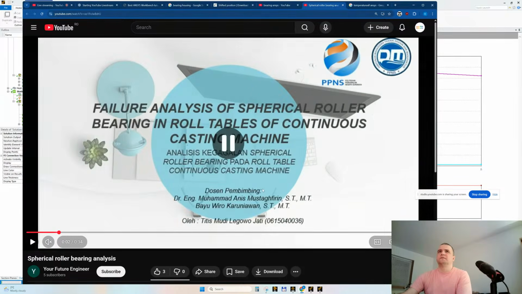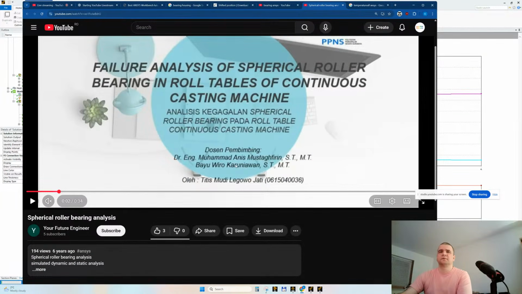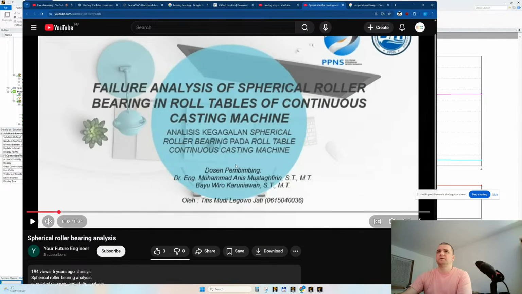Final project, failure analysis of spherical roller bearing in roller tables of continuous casting machine. This is KKK spherical roller continuous. It looks like something Southeast Asia, maybe Malaysia, Indonesia, something.